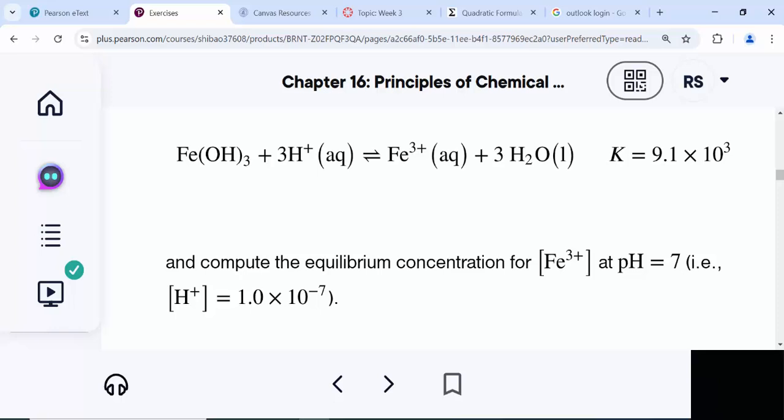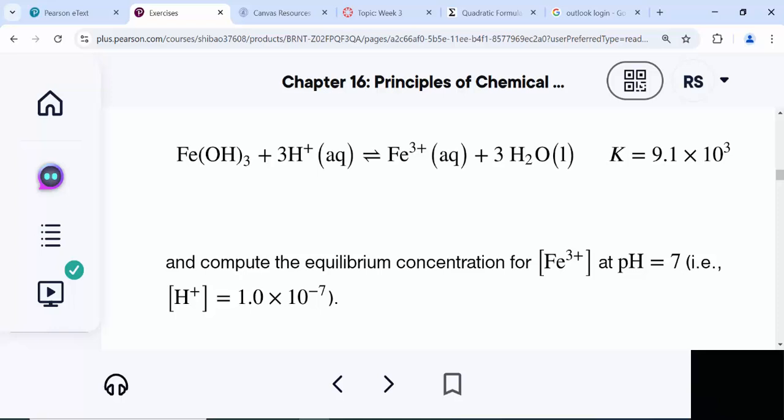Is pH 7 our initial pH or our final pH? Initial? So you start off initially at a pH of 7, and then you go ahead and let it equilibrate. And what's the final pH? Or what's the final iron?